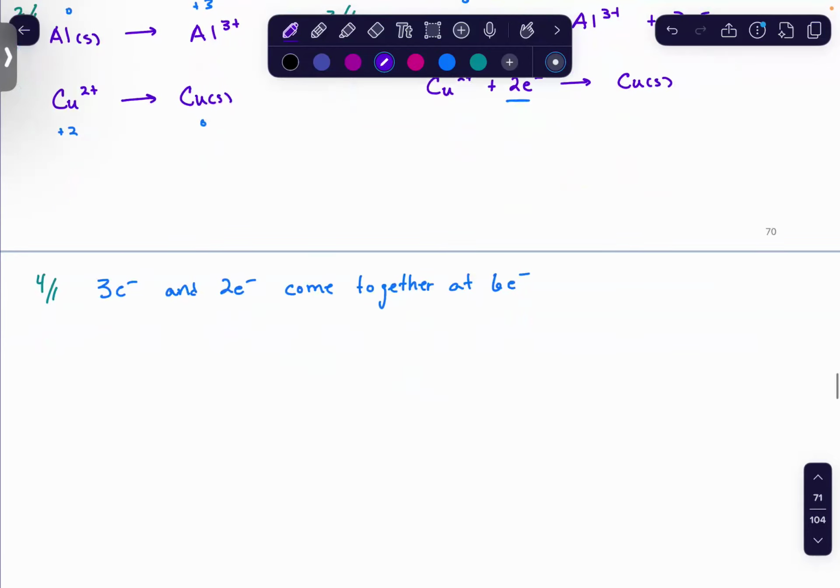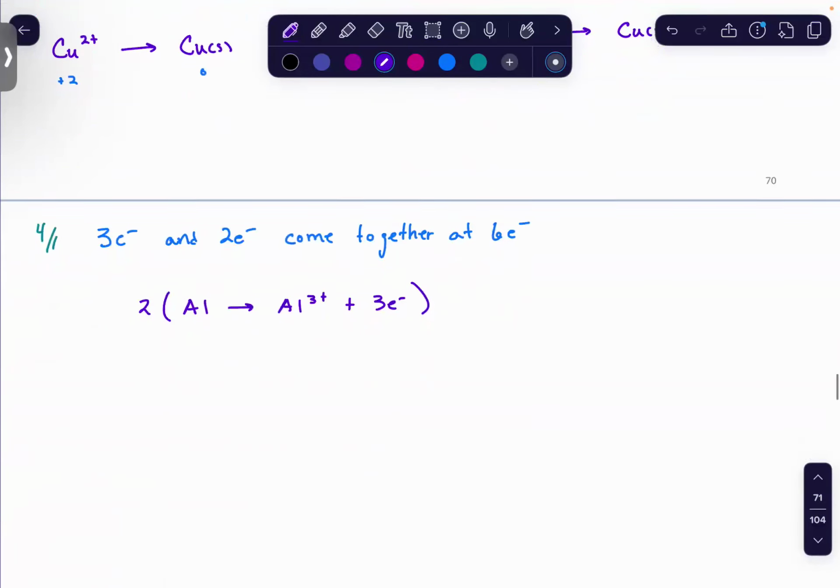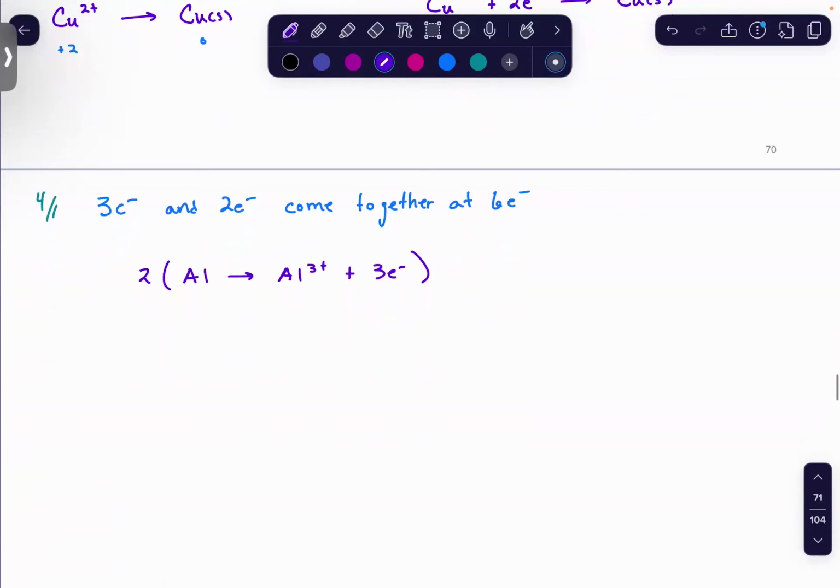Okay, so my aluminum is going to be multiplied by 2. And when I do that, I'm going to get, how much space do I have? Yeah, I have plenty. So that's going to give me 2 aluminums, 2 aluminum ions, and then 6 electrons.